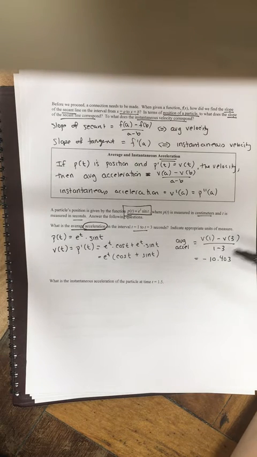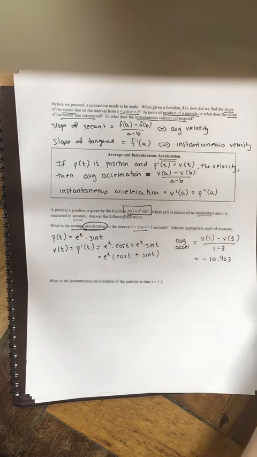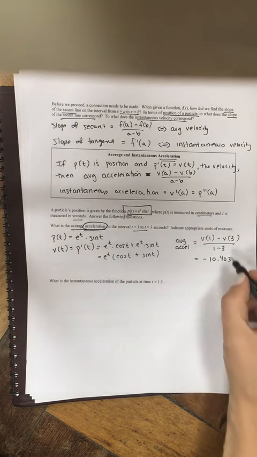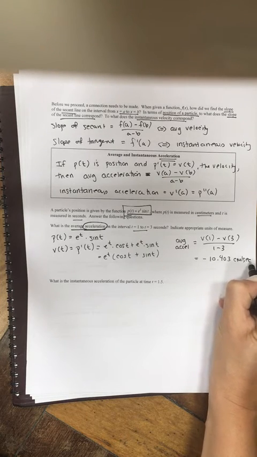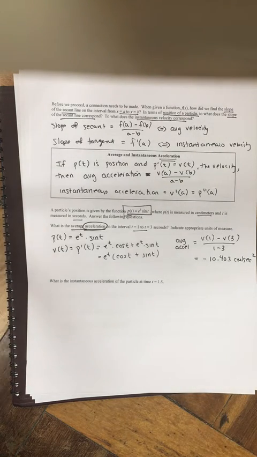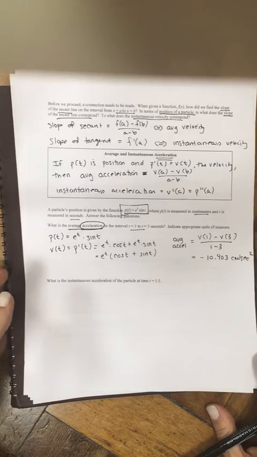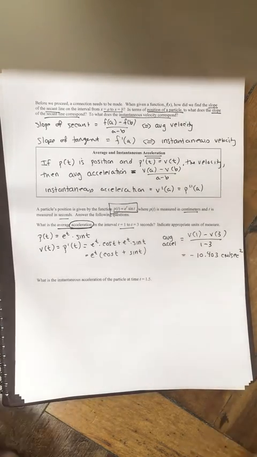This is estimating the average acceleration, thinking about second derivative essentially. So negative 10.403 centimeters per second squared. All right, so keeping it moving, we go and take a look at the next piece.